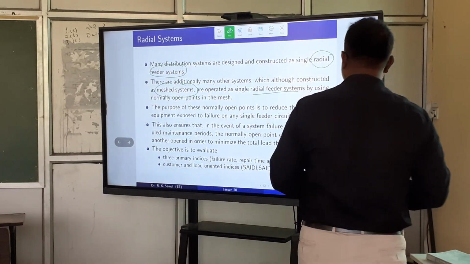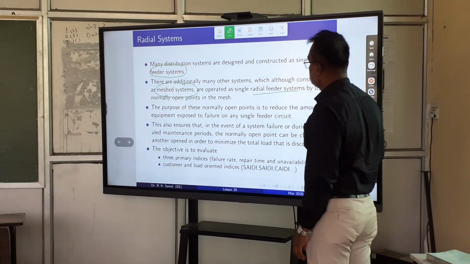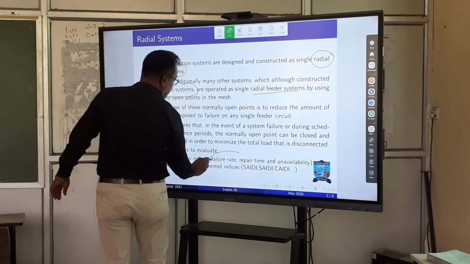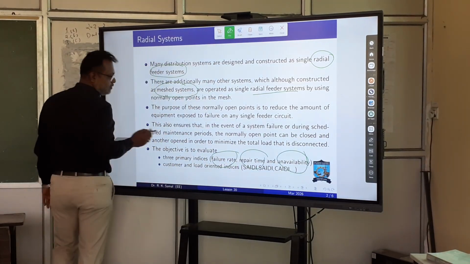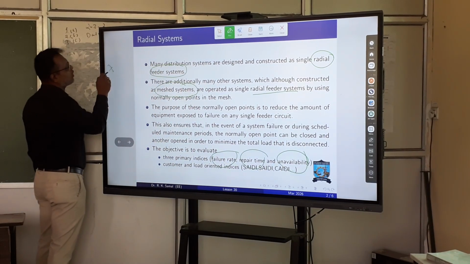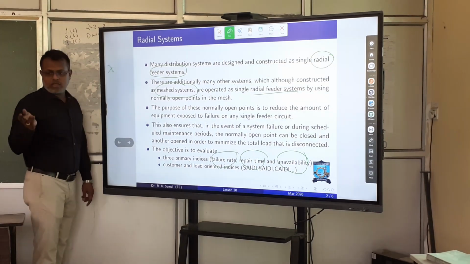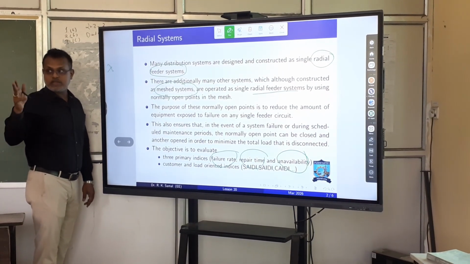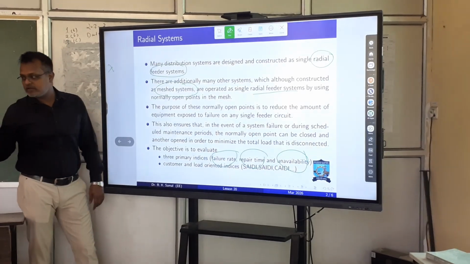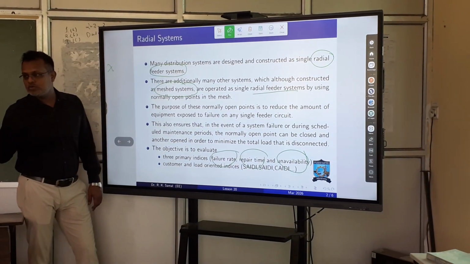So what are the three primary indices? Failure rate, repair time and unavailability. You have already written these. Last class we wrote three basic formulas: lambda, R and U.